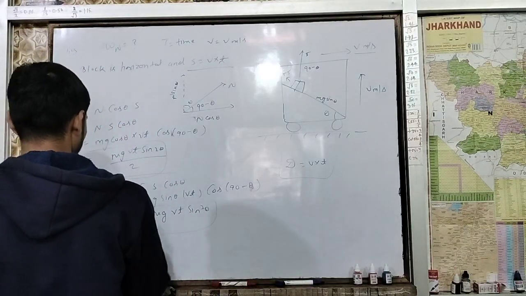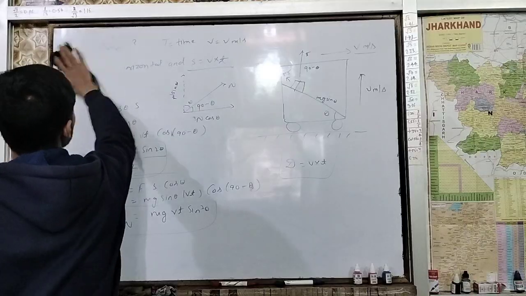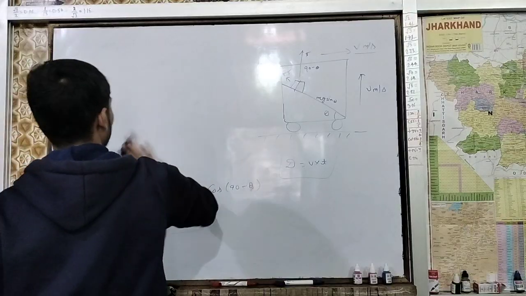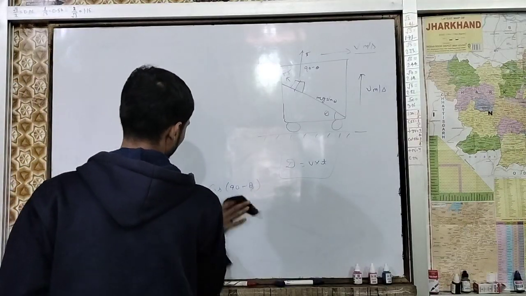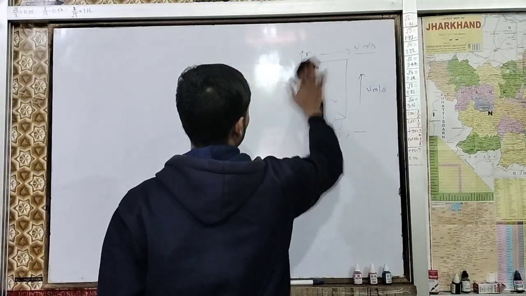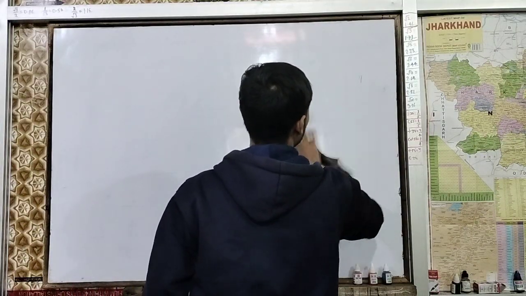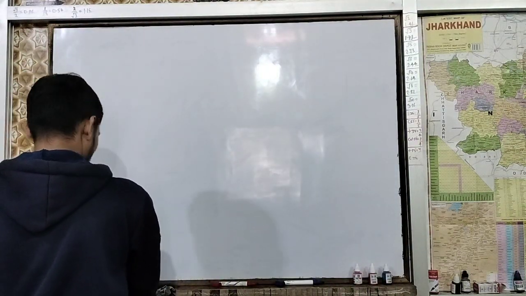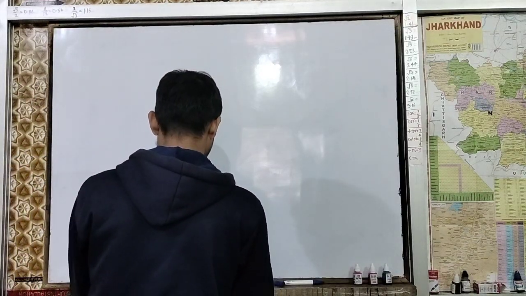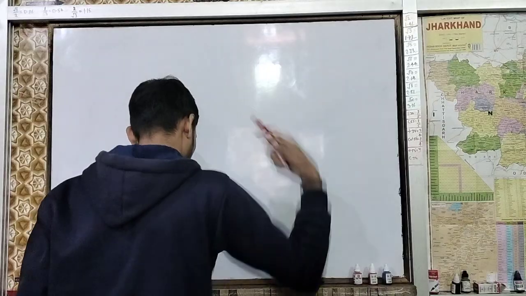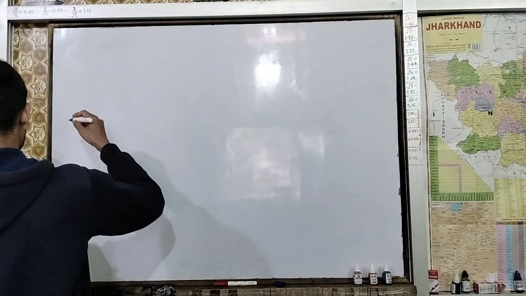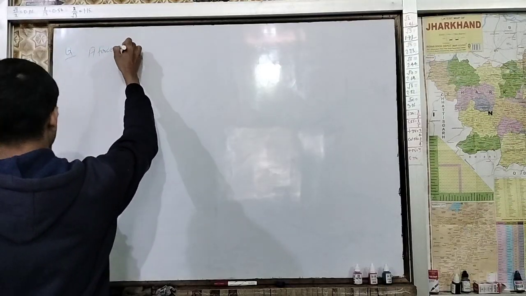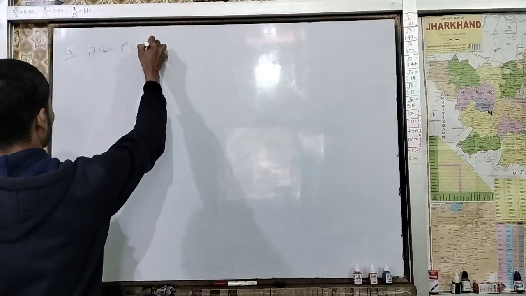Now let's apply. The force F vector is equal to 3x square i cap minus 4y j cap plus 3 k cap, in Newton.